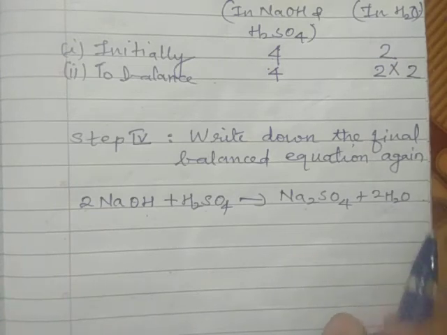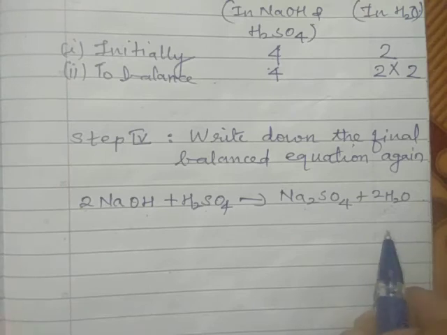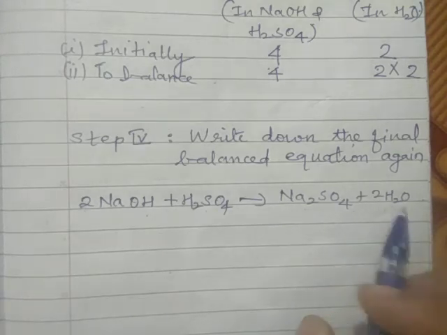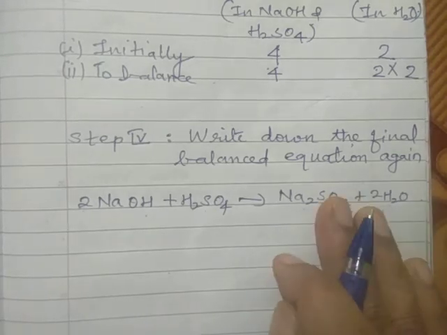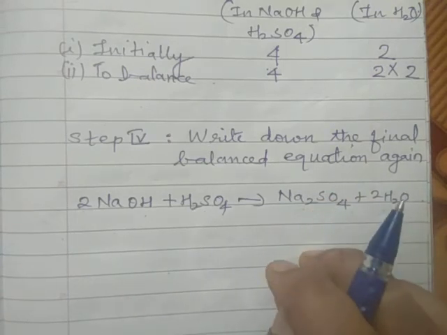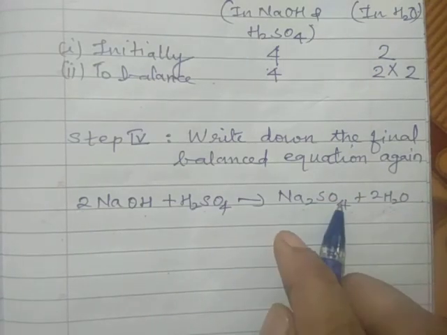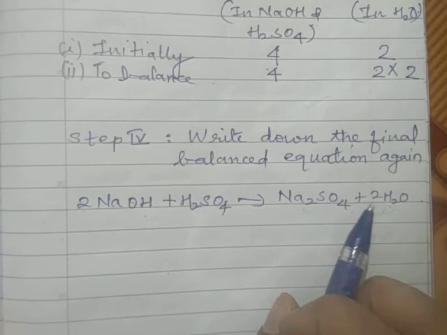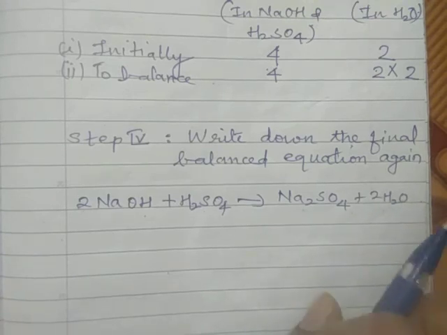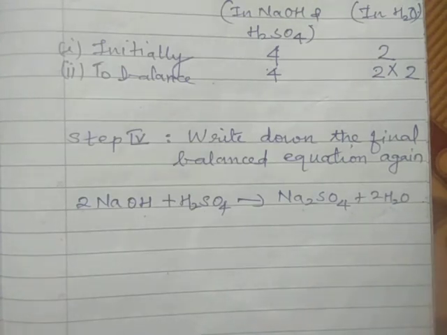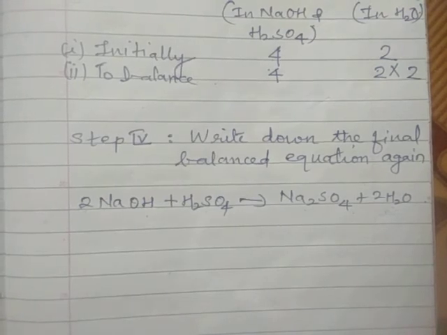There are different questions, and question number 1B is also there, of writing the steps in balancing the equation. If you have understood, please try to balance the equation. Not only these, you can take more examples of chemical reactions and try to balance them. In the next video we will learn about the types of chemical reactions.